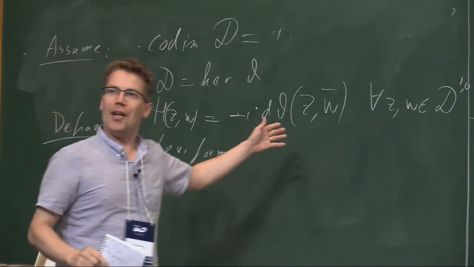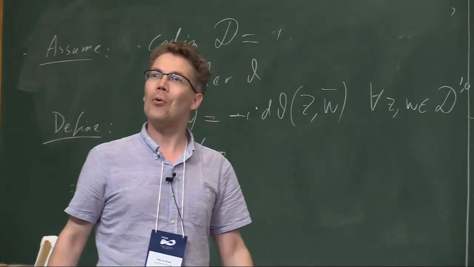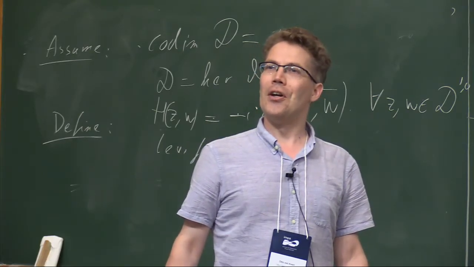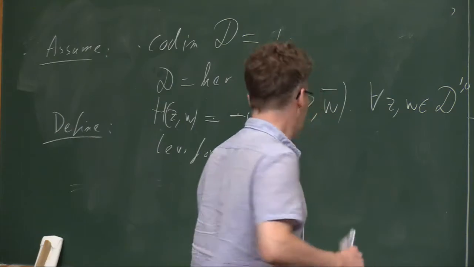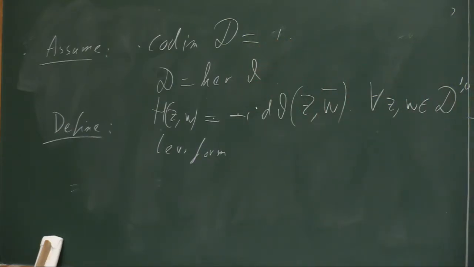Well, this thing can have all sorts of behavior. It could be 0, or it could be all kinds of things. But we will look at a case where this H is a metric. This is known as a strictly pseudo-convex CR structure.